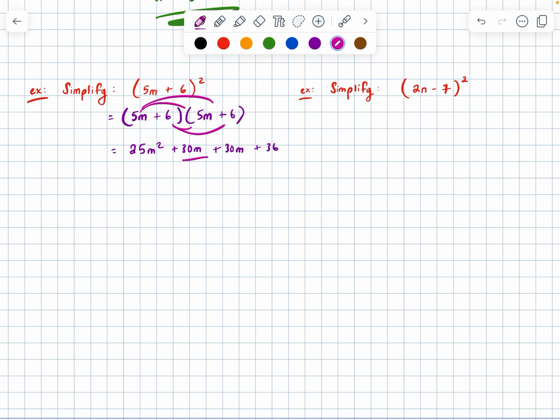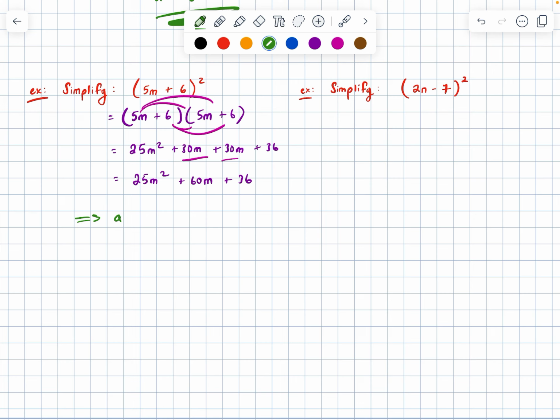And 6 times 6 is 36. Once again, I can combine some like terms here. This is 25m squared plus 60m plus 36.